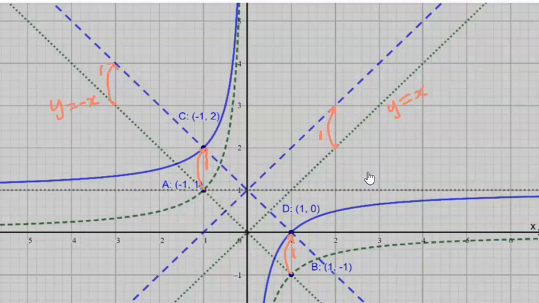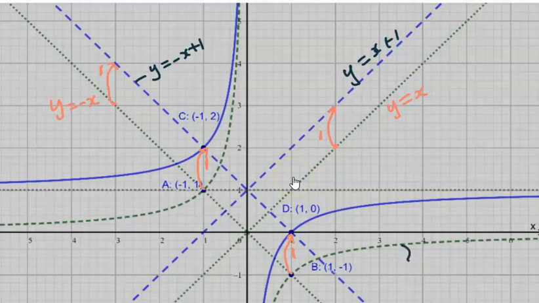So this is the line y equal to x plus 1. You can check that it goes through 1 there. And this is the line y equal to minus x plus 1. So it shifted 1 up.